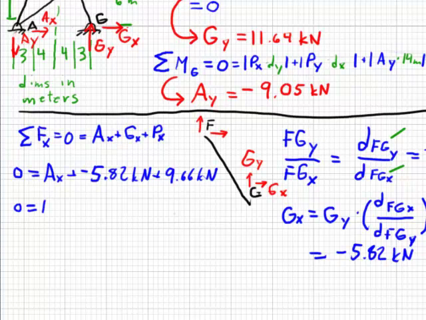Combining those terms, zero equals Ax plus 3.84 kilonewtons, and putting 3.84 kilonewtons on the other side of the equation, Ax is 3.84 kilonewtons, and it is negative.